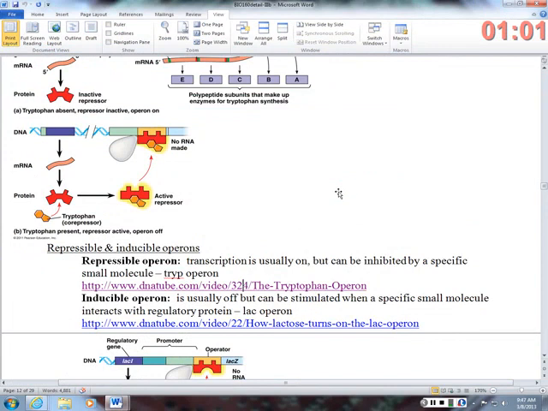Okay, so that's a lot nicer when you can actually hear it all the way. Yes, inside the bacteria. So basically what the tryptophan operon does is, when you have tryptophan present from the environment, it's going to bind to that repressor protein and activate the repressor so that it can shut down transcription of it, and it doesn't make it when it doesn't need it.